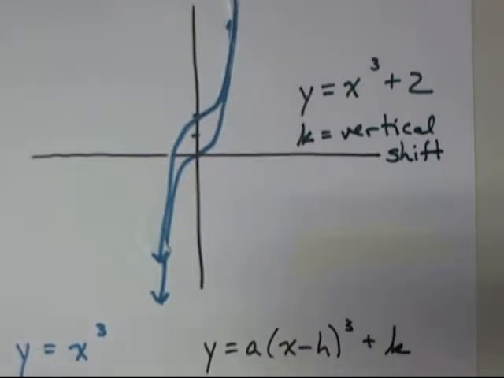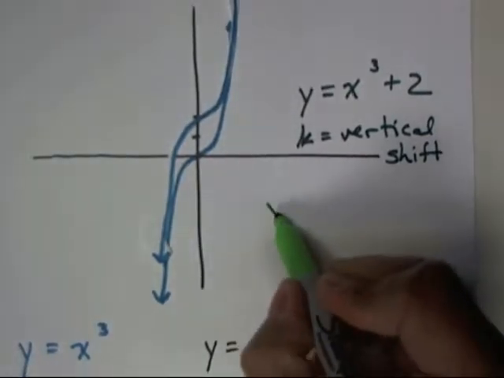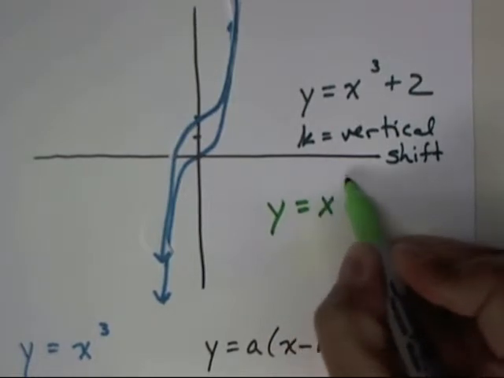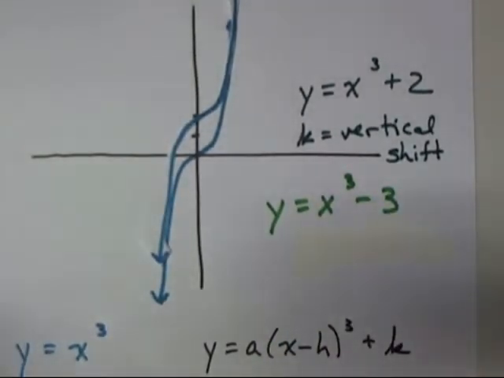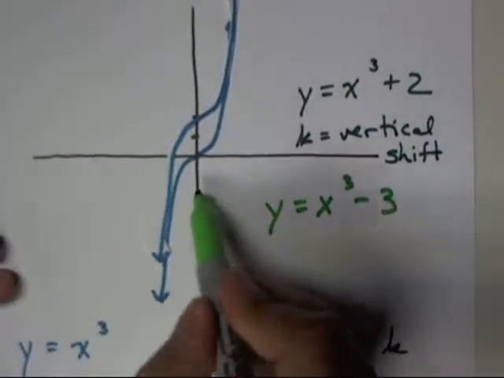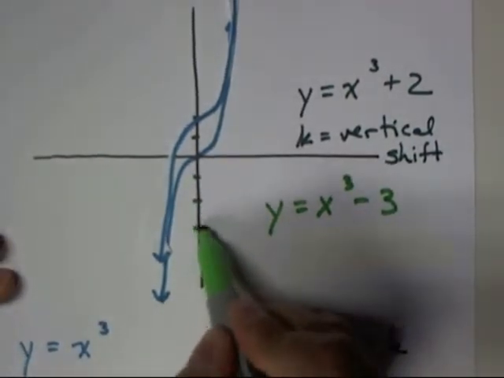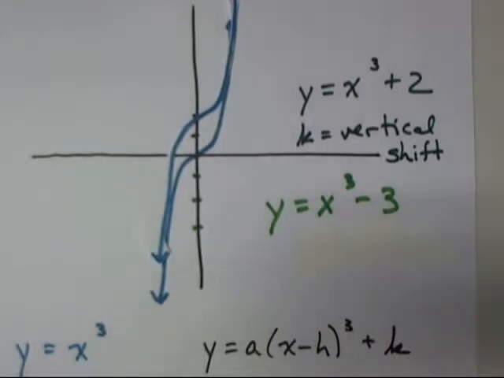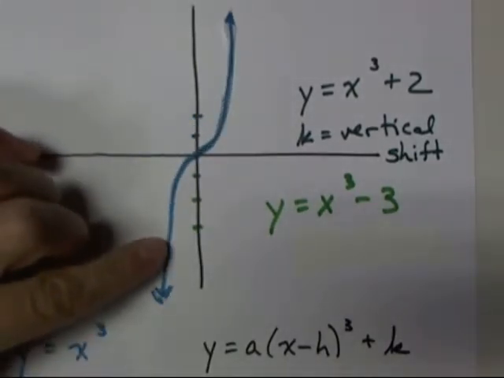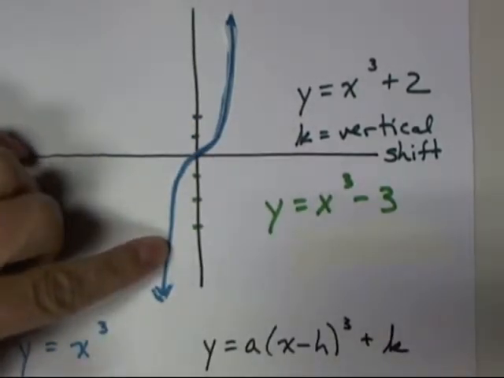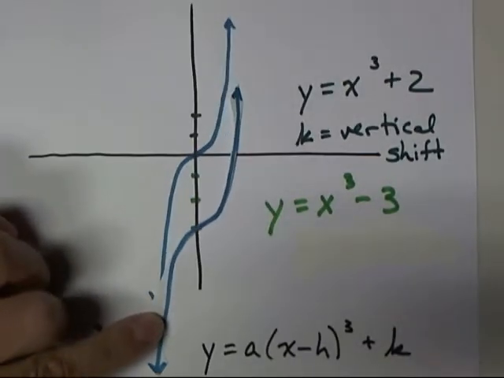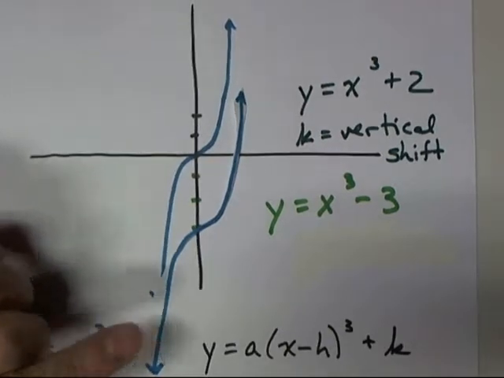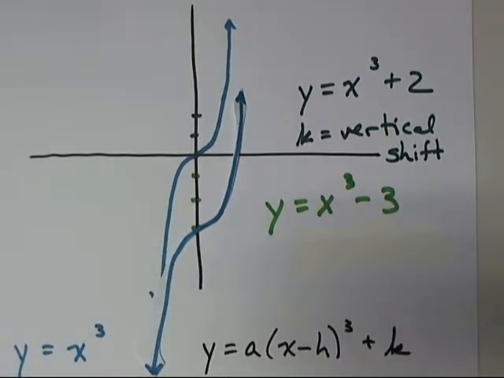If I was graphing instead something like y is equal to x cubed minus 3, this would shift our graph 3 units in the negative direction, because the sign in front of the term goes with the term. So instead of having this graph, which is what we know is y equals x cubed, the entire thing would just shift 3 units downwards, and we'd have this graph instead.